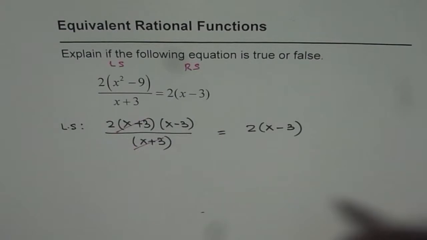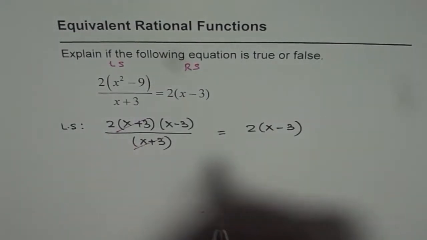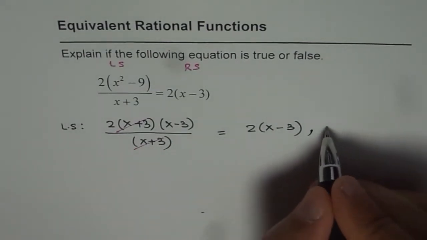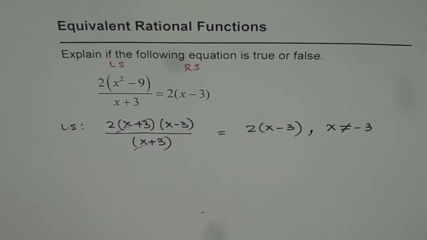A very important concept in rational functions is that the denominator cannot be 0, right? And therefore, in this particular equation, we have to write one more thing here, a constraint that x is not equal to minus 3.